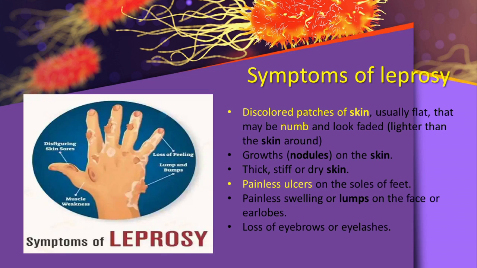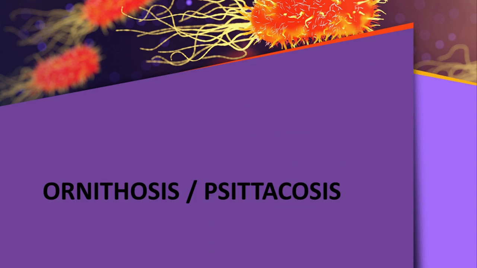Growths or nodules on the skin will also appear. Then the skin can become thick, stiff or dry. Painless ulcers can appear on the soles of the feet. Painless swellings or lumps on the face or earlobes will develop. Loss of eyebrows or eyelashes can also develop.